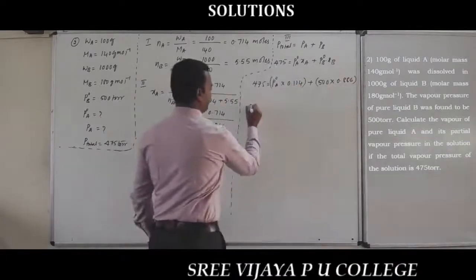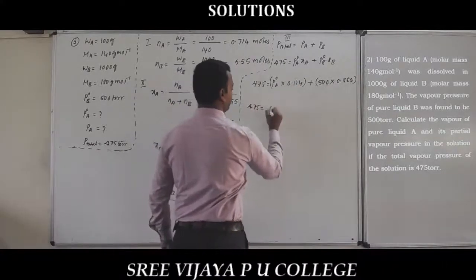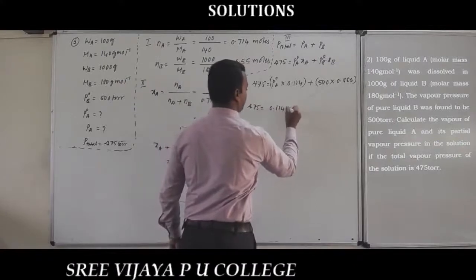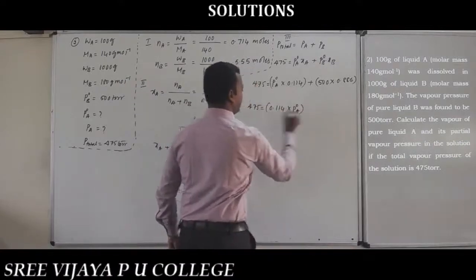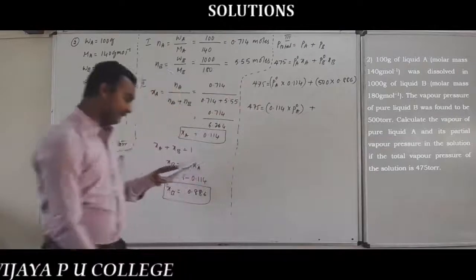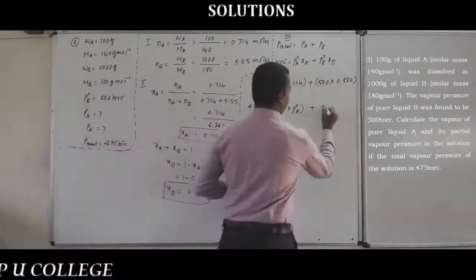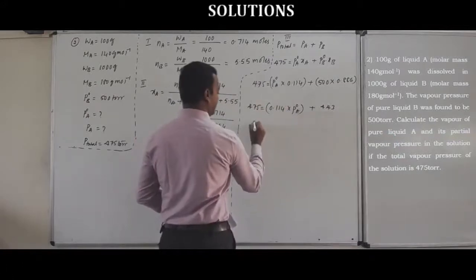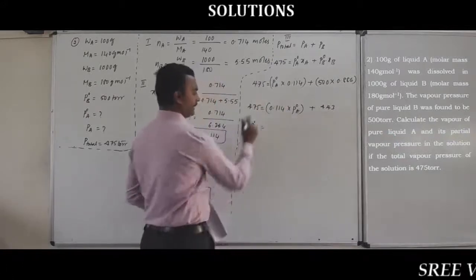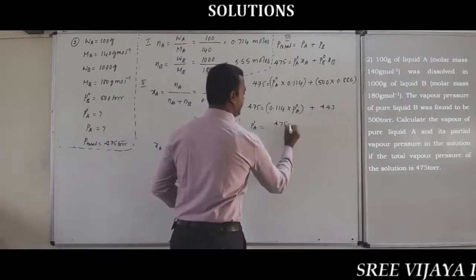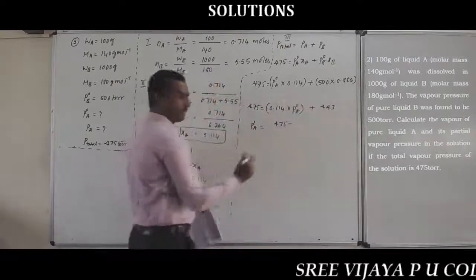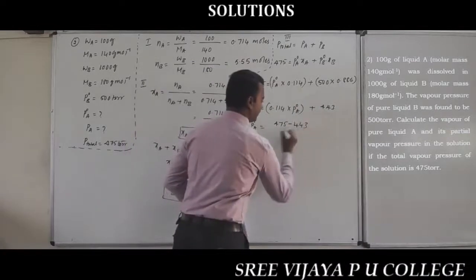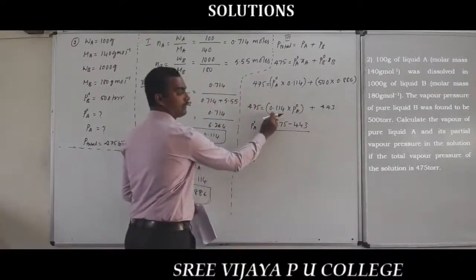So 475 is equal to 0.114 into P naught A plus 500 into 0.886, that is equal to 443. So P naught A is equal to 475 minus 443 divided by 0.114.